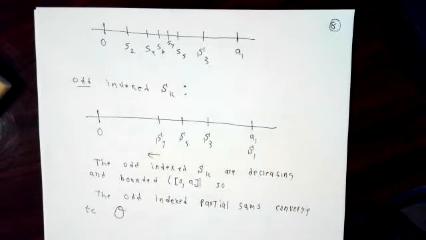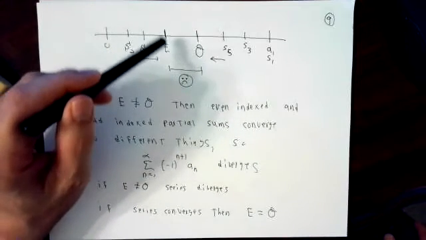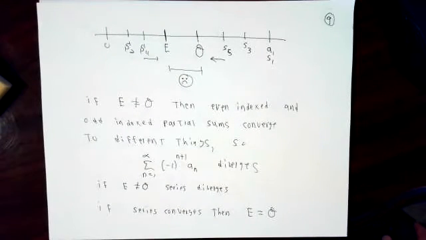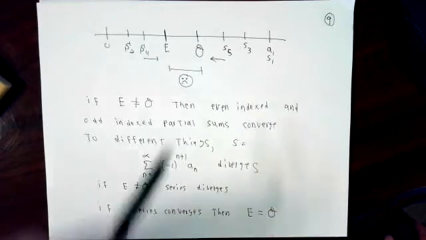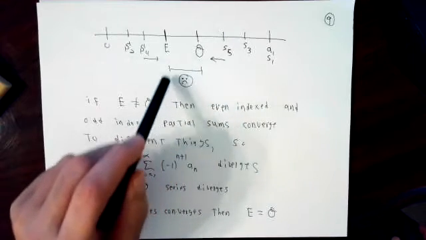Now, any partial sum of the alternating series is either an odd indexed partial sum or an even indexed partial sum. So what could go wrong? It's conceivable that the even indexed partial sums, which are increasing and bounded, converge to some number E, and that the odd indexed partial sums, which are decreasing and bounded, converge to some number script O, and they're not the same number.